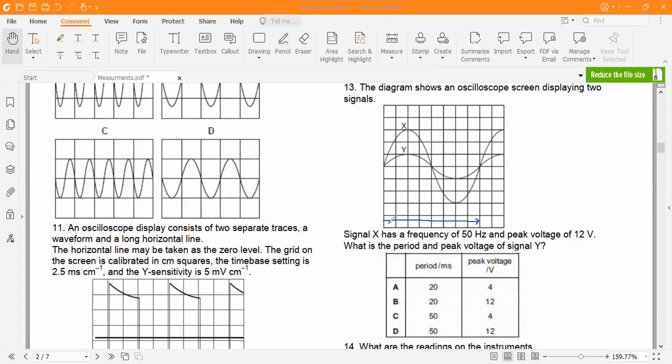This is for X, right? From this point, this is one oscillation. And same for Y, it is starting from the same point and it is ending at the same point. So the frequency for both of them is the same. Frequency is 50 for them. So it is either this one or it is this one. Now, how will we find the peak voltage?